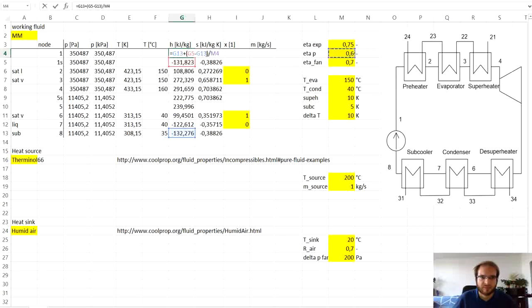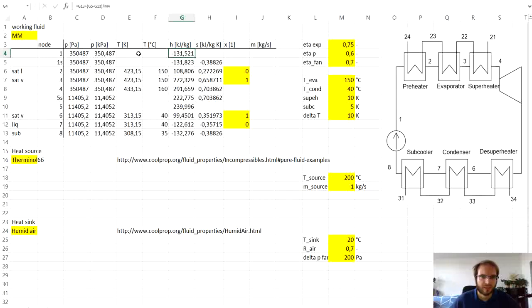So the enthalpy difference divided by the pump efficiency. And we get that the value after the pump is slightly higher.